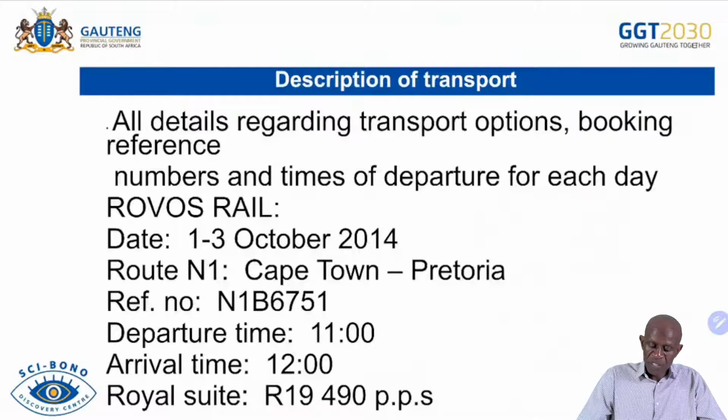The type of suite is the Royal Suite, and the cost for that suite is 19,490 per person sharing, for using this transport over a period of 3 days. So this is just an example of a description of transport that will be in use.